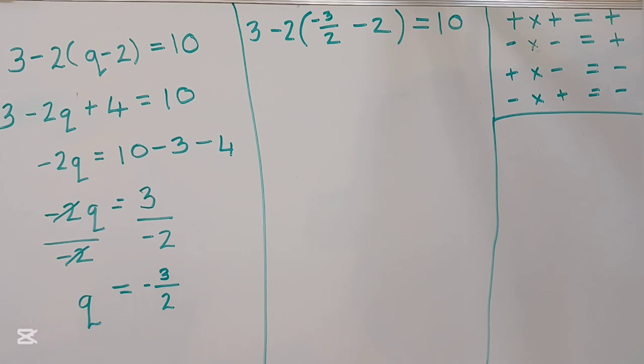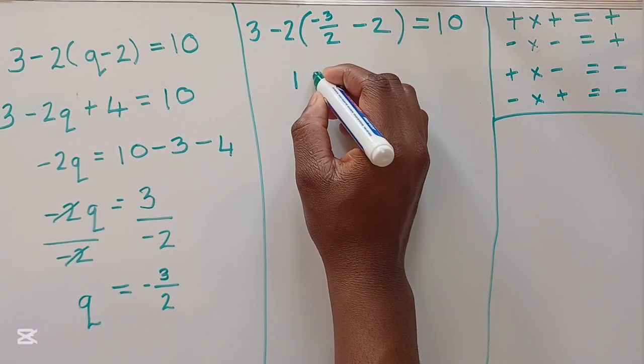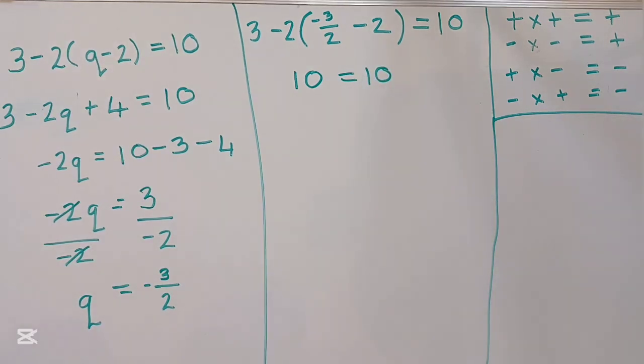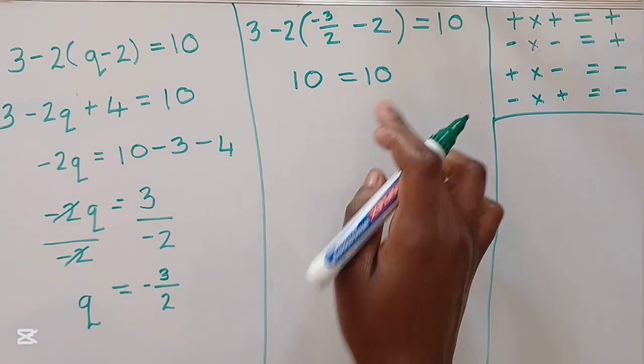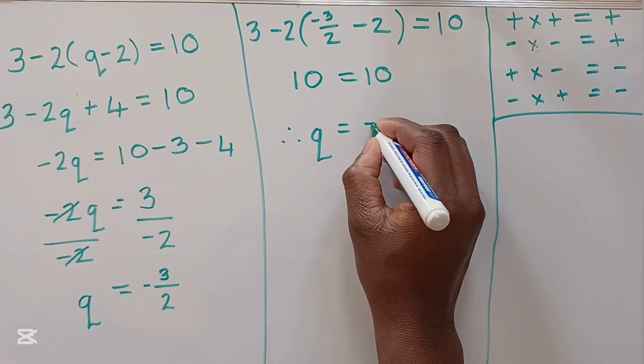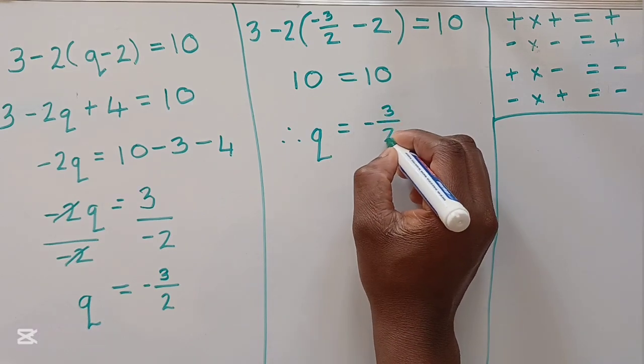So 3 minus 2 open bracket 3 over 2 minus 2 will give me 10. And now I know that the value for q is indeed negative 3 over 2, because both sides have the same value. Therefore, q is equal to negative 3 over 2.